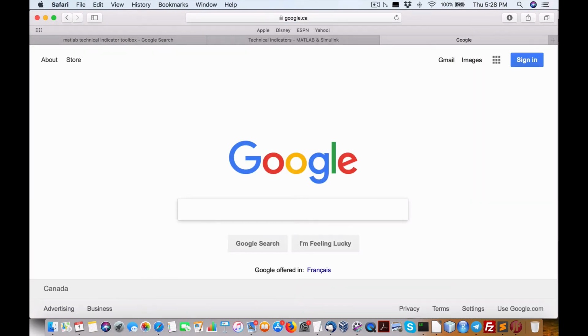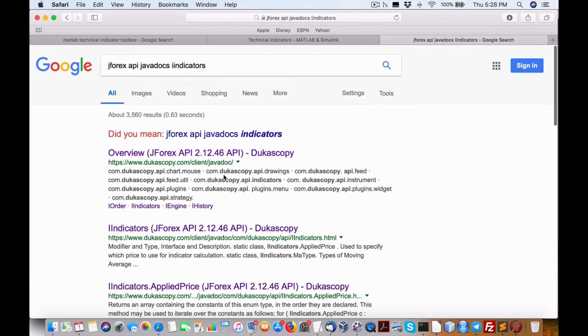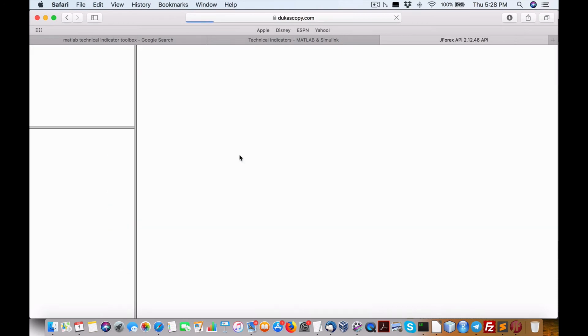Alright, so what we're going to search for, if you ever are looking for anything Dukascopy related, what you can do is you can easily do one of two things. Well, this is the best way. Java API and the Java docs for the API, and then in that case you're using the indicators. So because it's an interface, you have to go IIndicator, and here we are.